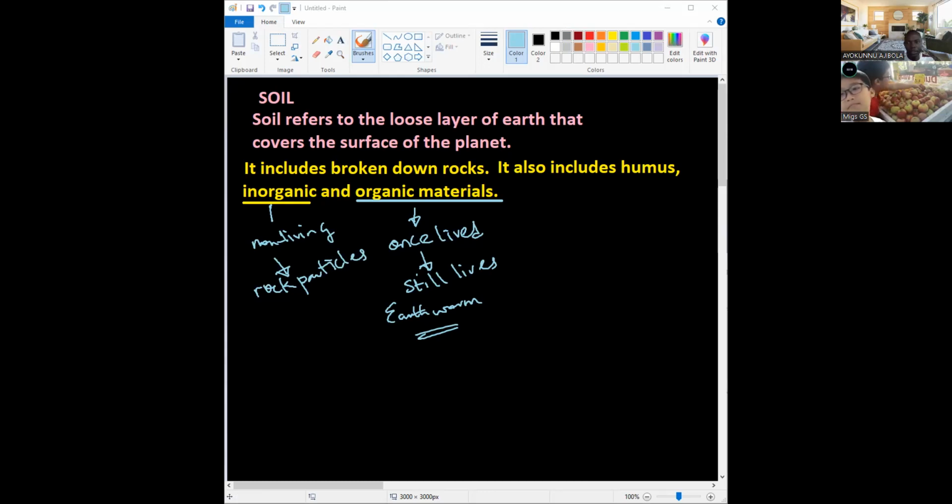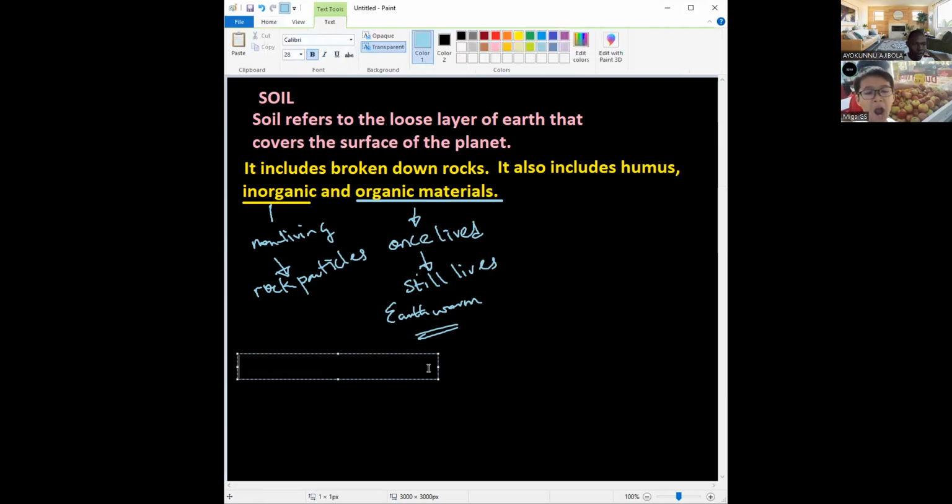So for soil to form from rocks takes a lot of time, okay? For us to have soil formed out of rock particles, it's going to take a lot of time.